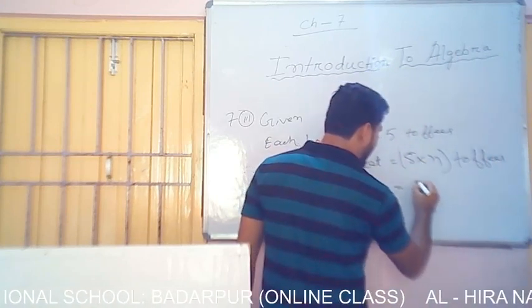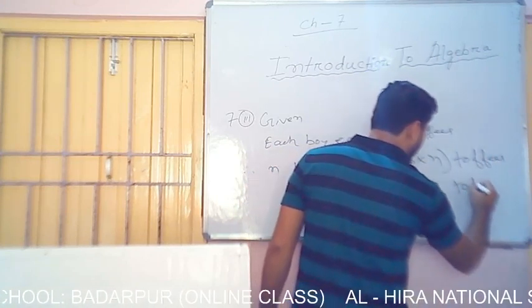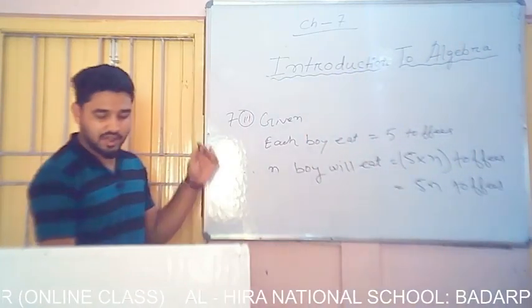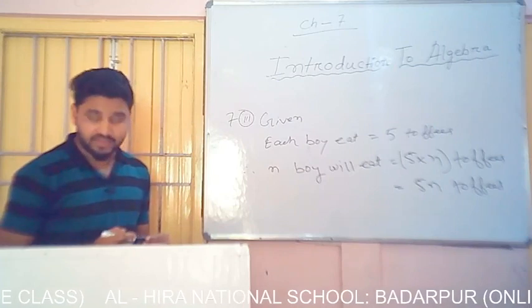That is 5n toffees. That is your answer of question number 7.3.